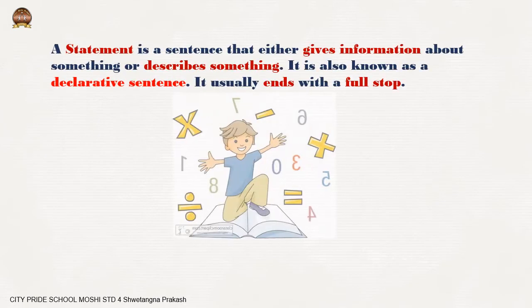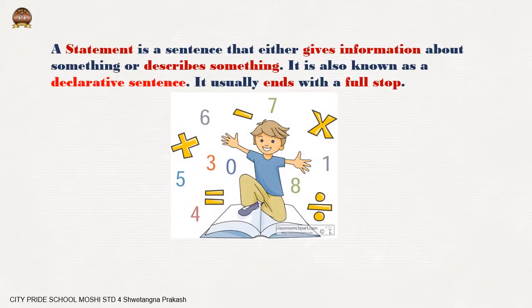So first we elaborate it. A statement is a sentence that gives information or describes something, and is also known as declarative or assertive sentences, and it usually ends with a full stop.